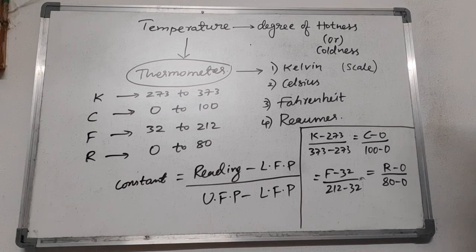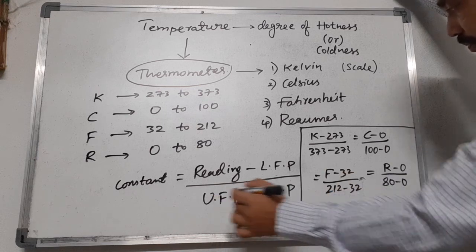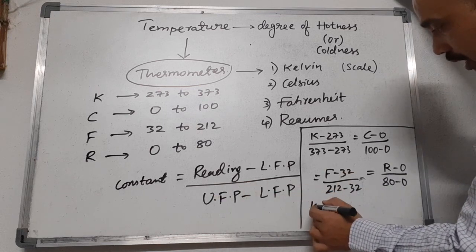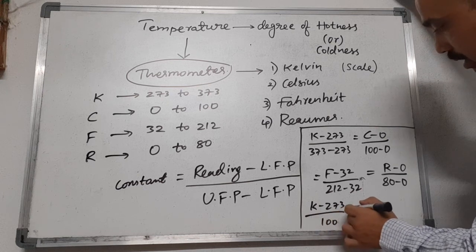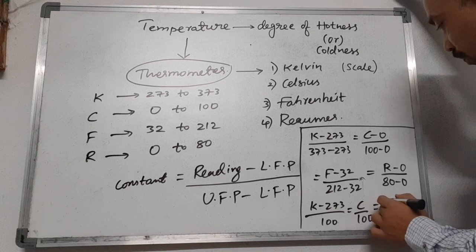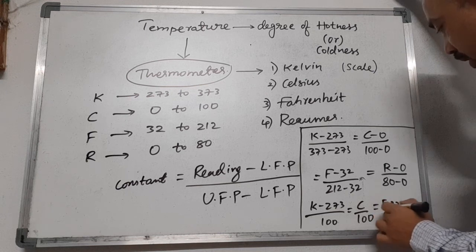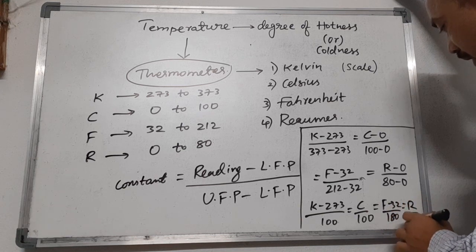Like this we can get the relation between the four different scales. Okay, this we can rewrite as (K minus 273) by 100 is equal to C by 100 is equal to (F minus 32) by 180 is equal to R by 80.